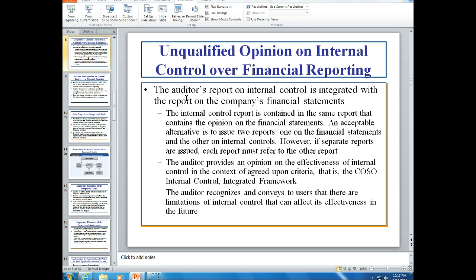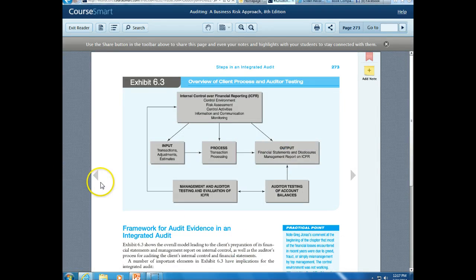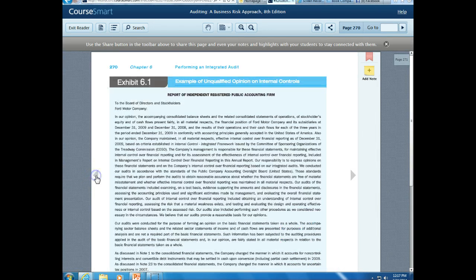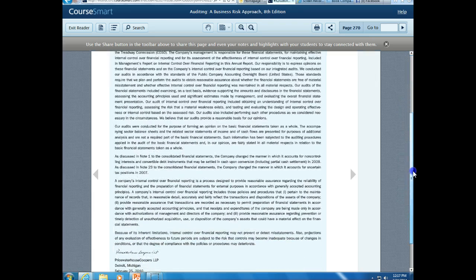If we go back to the book and we look at this one report: because of its inherent limitations, internal controls over financial reporting may not prevent or detect material misstatements.